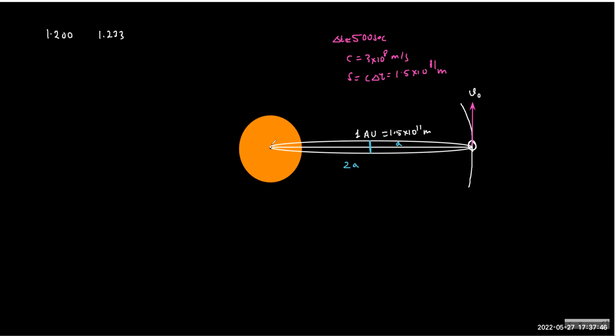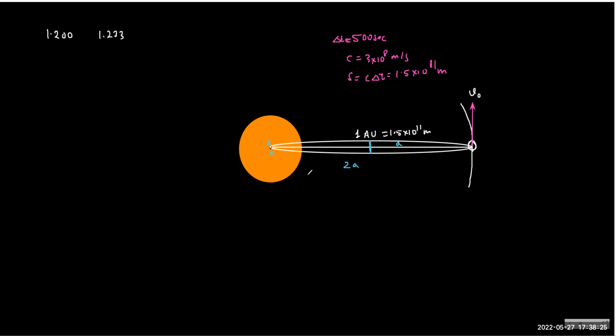Yes, so the focus is almost touching the center. As you make the ellipse thinner, the focus will shift towards the edge, right? Yes, sir. At the circle the center is the focus, and now the focus is shifting away, away, away. So in the worst case, the focus will be at the edge only. Understood? Yes, sir. So you can imagine this is the focus, which is also the center of the sun.